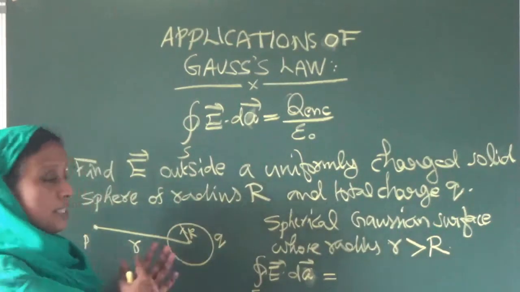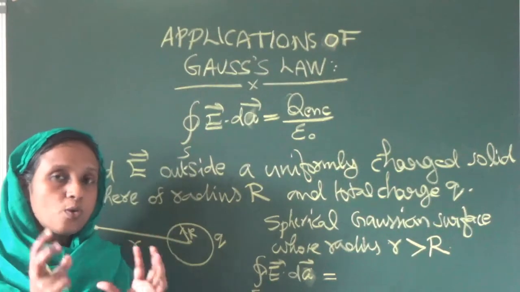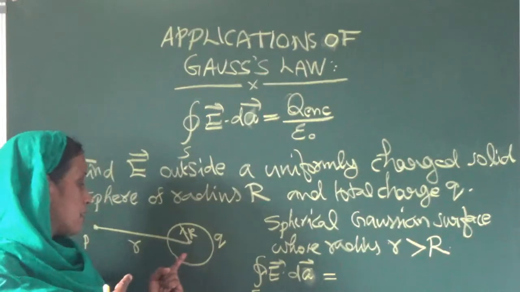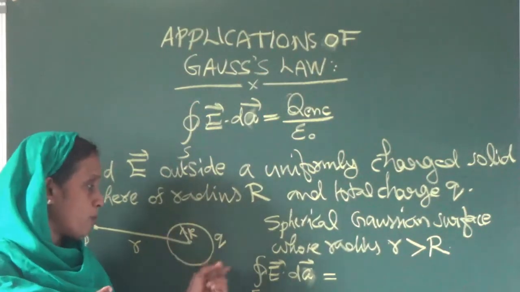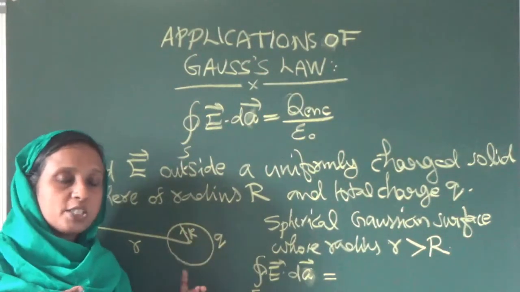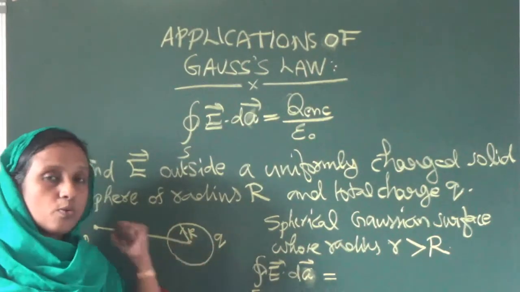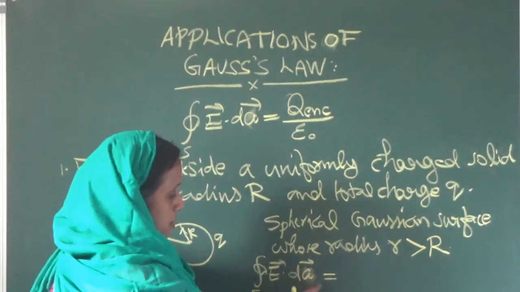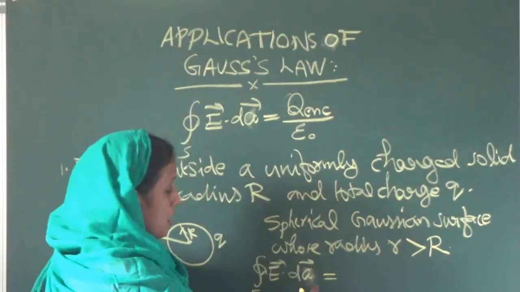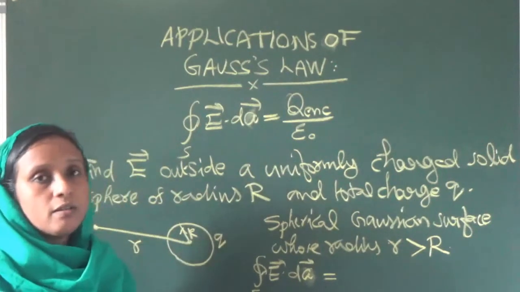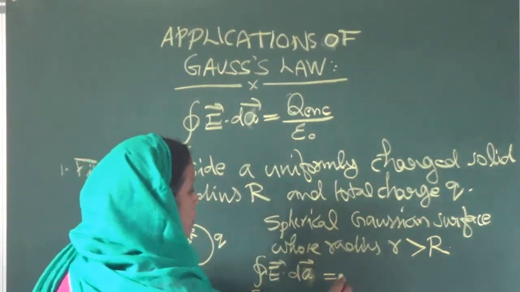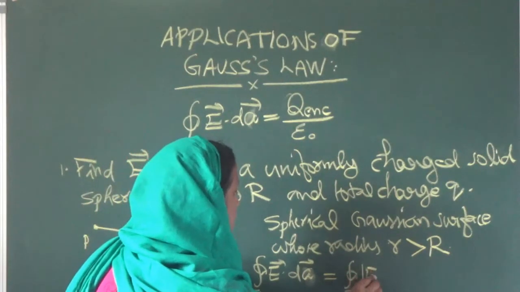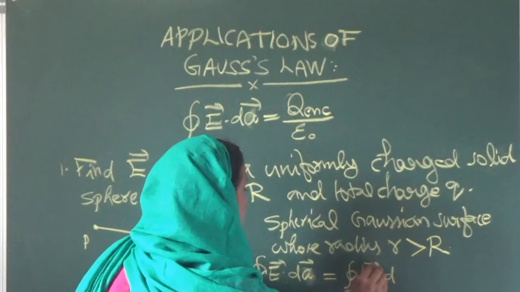Now you can see that on this Gaussian sphere the electric field is always radially outward, because our problem is a uniformly charged solid sphere. And the surface area element of the sphere is also pointing radially outward. So you can write this expression by removing the dot product, like this: mod E dA.